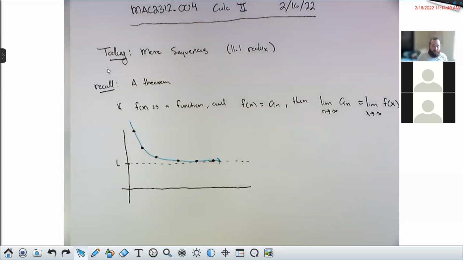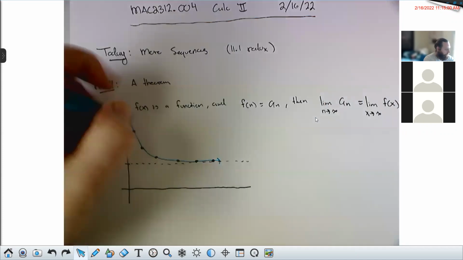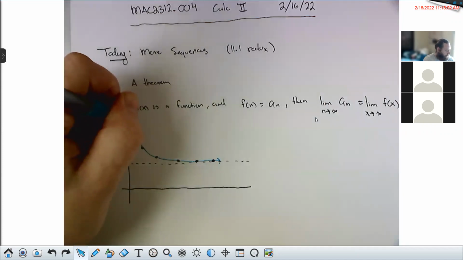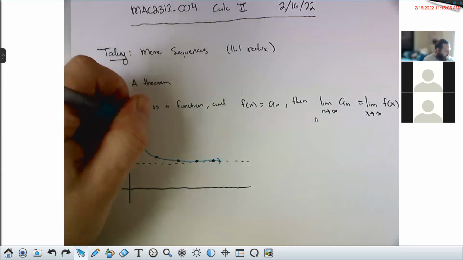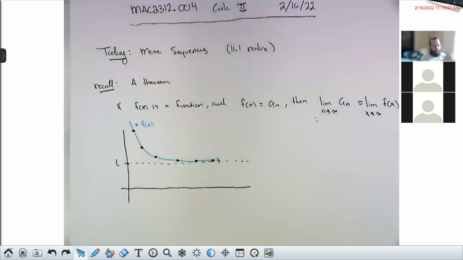So if all the dots that represent the graph of the sequence are stuck along the blue curve, then wherever the blue curve is going, so must go the dots. That's the idea. So this is the graph of f. We mentioned the other day that you cannot differentiate a sequence. It really doesn't make sense to talk about the derivative of a sequence because there's no notion of a tangent line to the sequence.